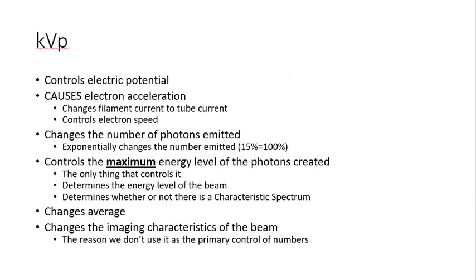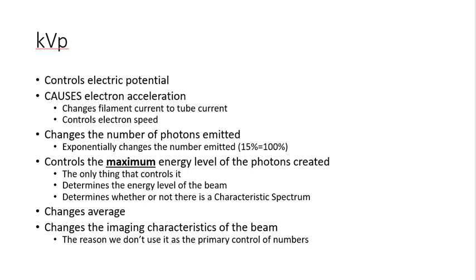kVp, though, controls a lot of different stuff. Once we apply the kVp, we change the relative positive charge of the anode and the relative negative charge of the cathode so that the electrons travel across the tube. Now we truly have tube current.